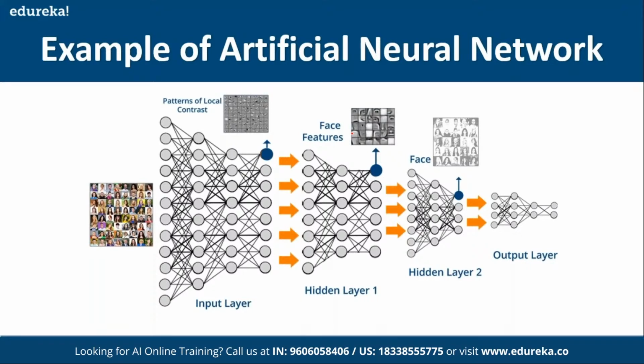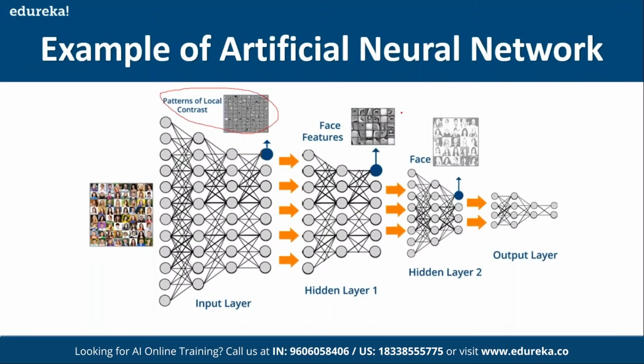You first try to identify the various faces, which are patterns of local contrast, because in a group photo there can be multiple other objects. There can be people, benches, sky, it could be outdoor or indoor. So you first concentrate on the faces, which are patterns of local contrast.